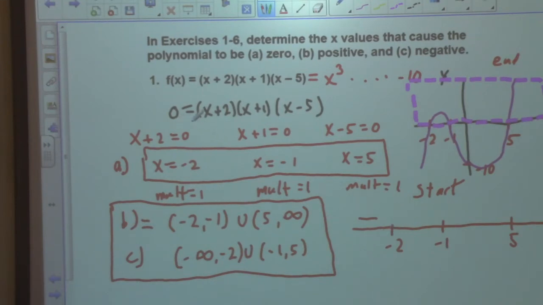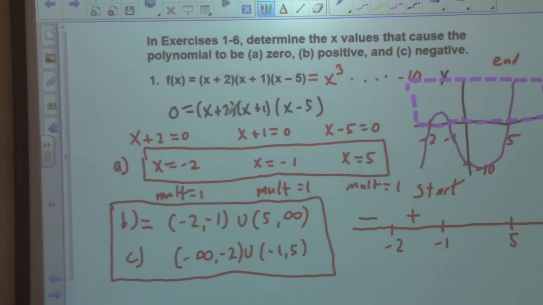Okay, then between negative 2 and negative 1, if we take, what happens is this would be negative, this would be negative, but this would be positive. So what is that going to be? Positive.